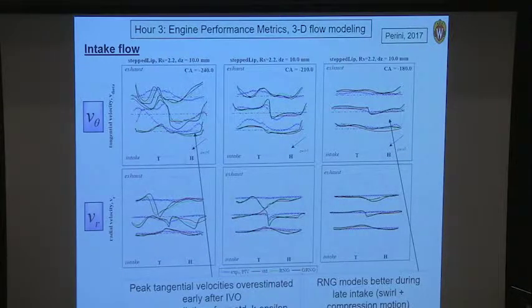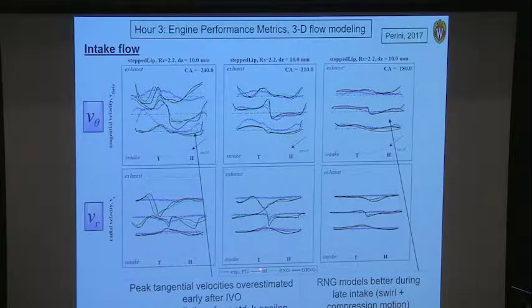Now, it's kind of hard to see, but let me just briefly show you. So the circle you see here is the bore of the engine. And we're looking at the tangential velocity component and the radial velocity component. You can just sort of see the valves in the background in this picture. The colors correspond to the experimental PIV in blue.